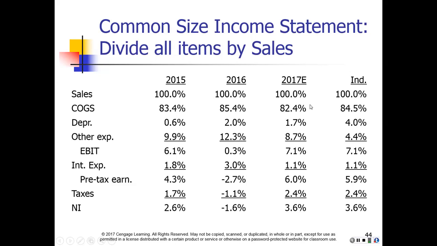Take the dollar value of cost of goods sold, 5.8 million, divided by 7.036 million, which is sales, and we get 82.4%. That's the proportion of cost of goods sold. It has gone down relatively lower than the industry, so that looks good, right?